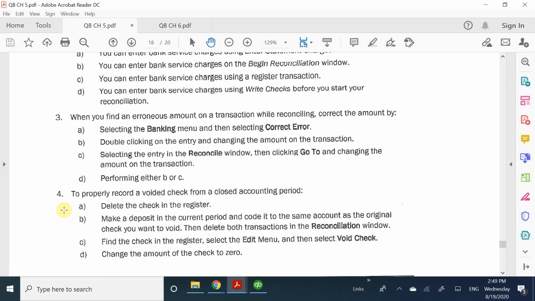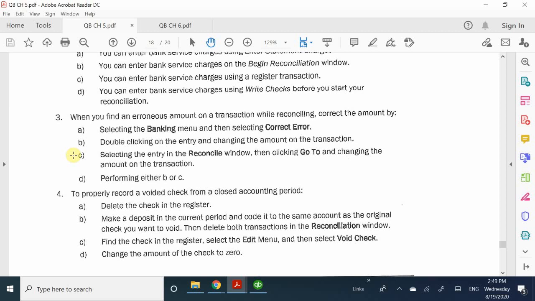When you find an erroneous amount on a transaction while reconciling, how do you correct the amount?